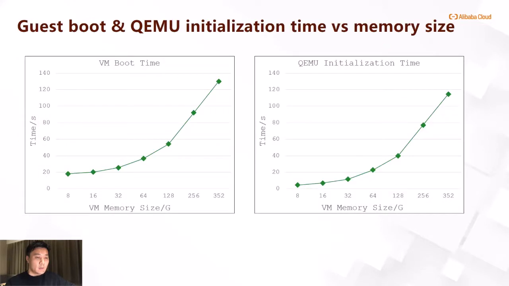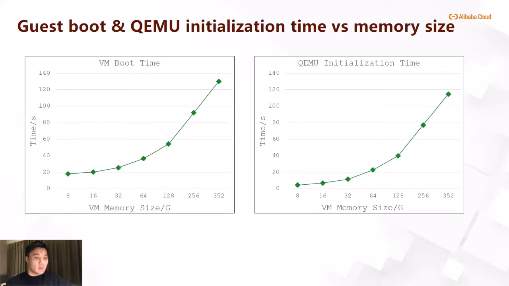There are two charts to show the impact on the guest boot and QEMU initialization time as the VM's memory size increases. Let's start with the left one. The horizontal coordinate is the VM's memory size, and the vertical one is the boot time in seconds. You can see if we assign 8 GB memory to the VM, the whole boot time is around 20 seconds.